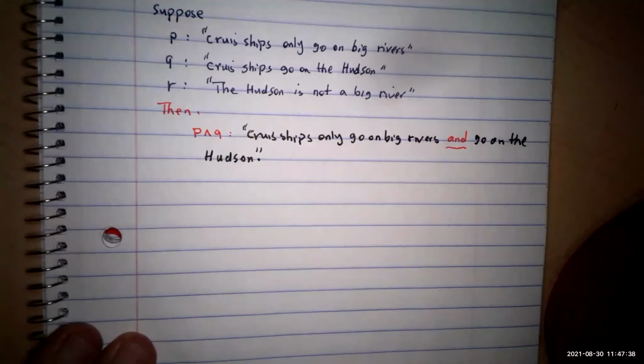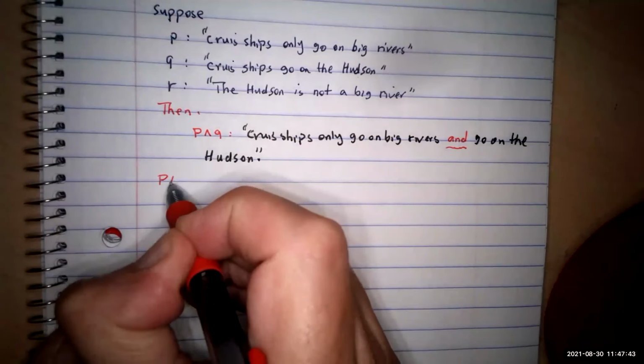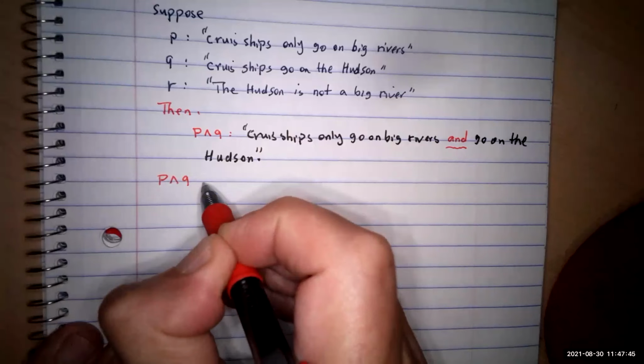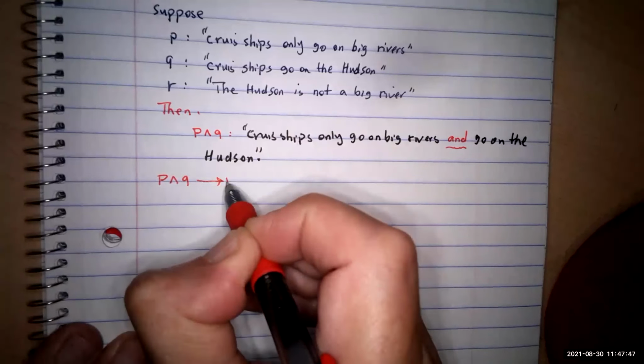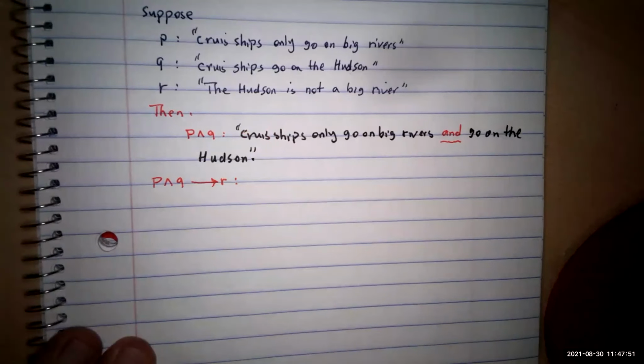Try this one. The next one is P and Q implies R. P and Q implies R. Anybody wants to try this one? Implication.